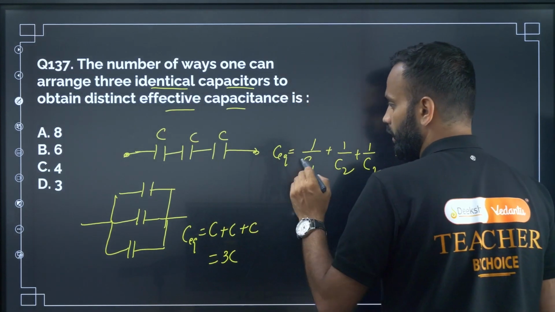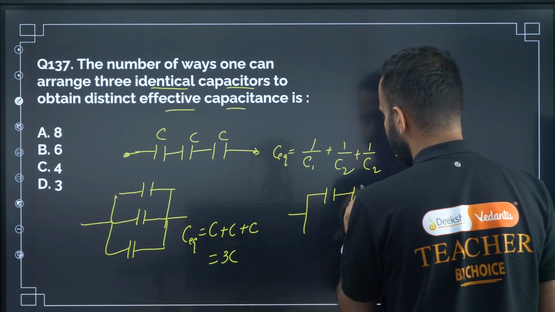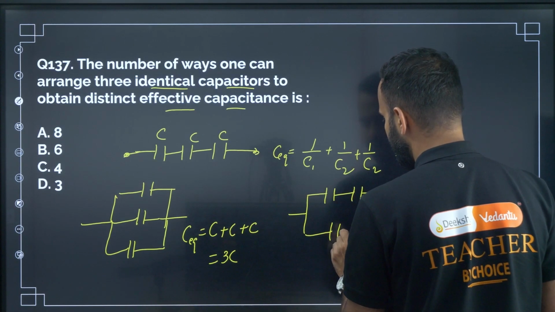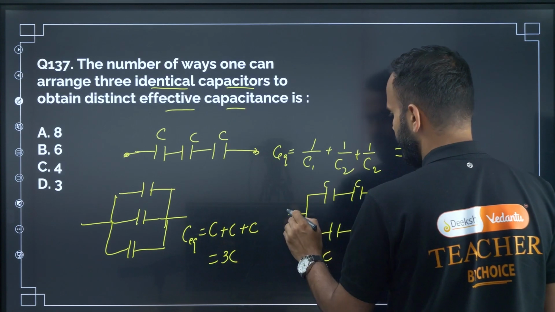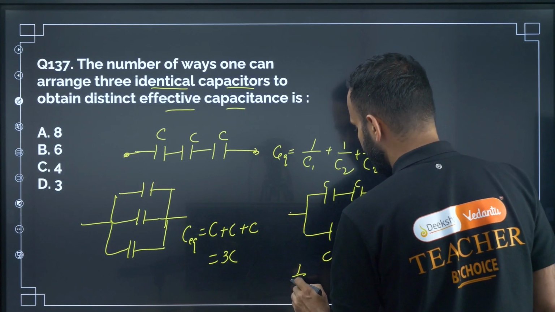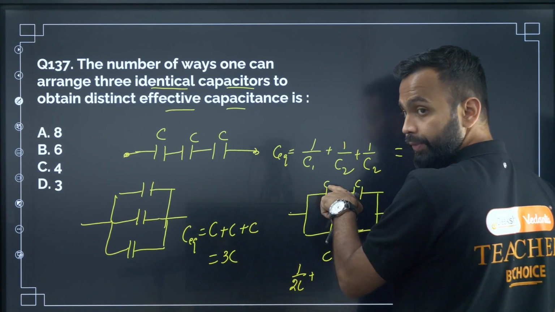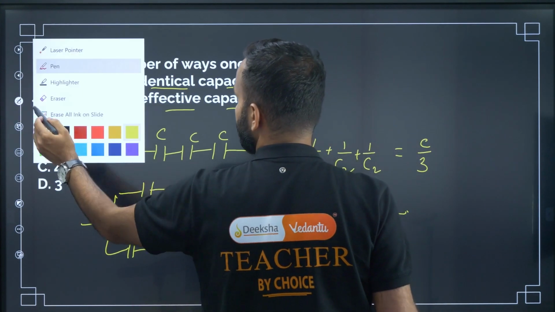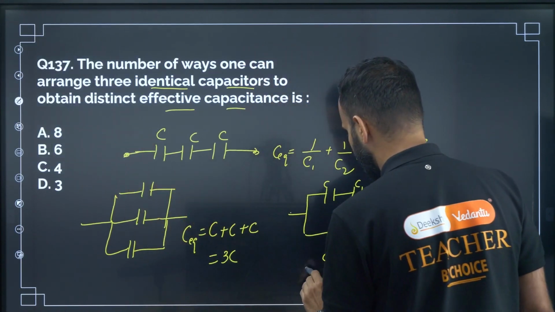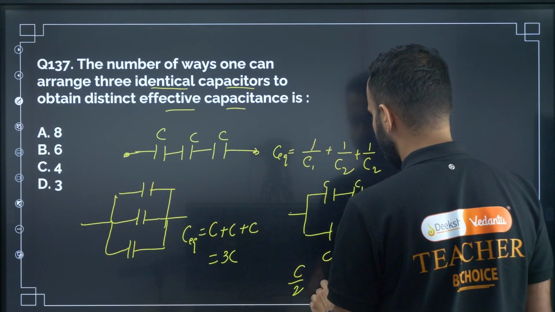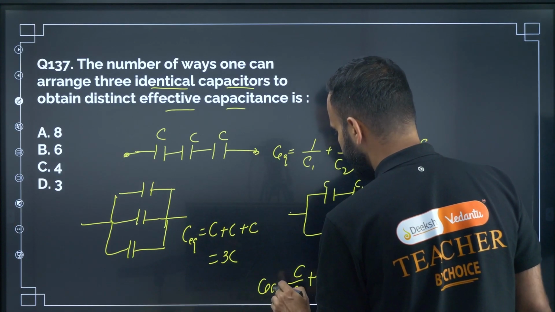And then another way, two are in series, and one is in parallel with these two, right? So 1 by 2C, so this will be C by 2. Here C by 2 plus C, that is 3C by 2, C equivalent.